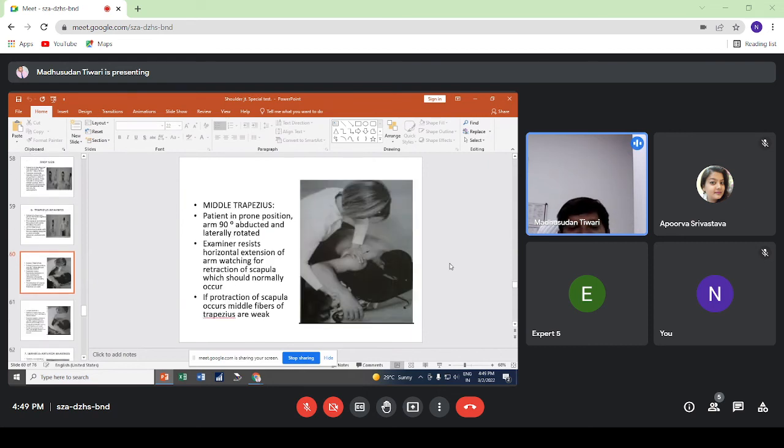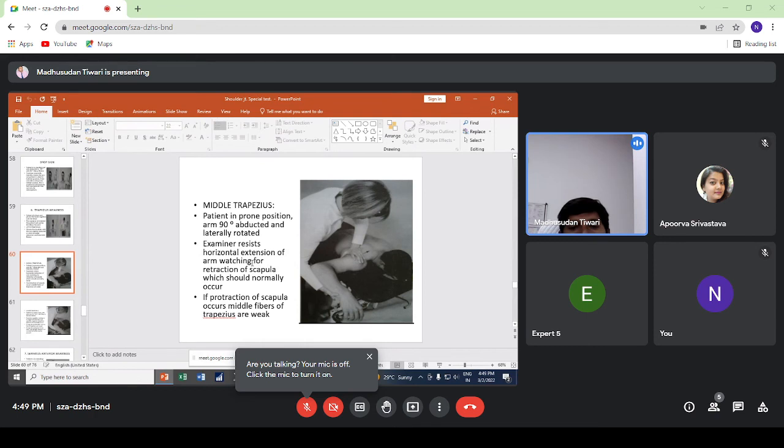For the middle trapezius, patient is in prone position, arm at 90 degrees of abduction, elbow also in flexed position and lateral rotation of the shoulder.